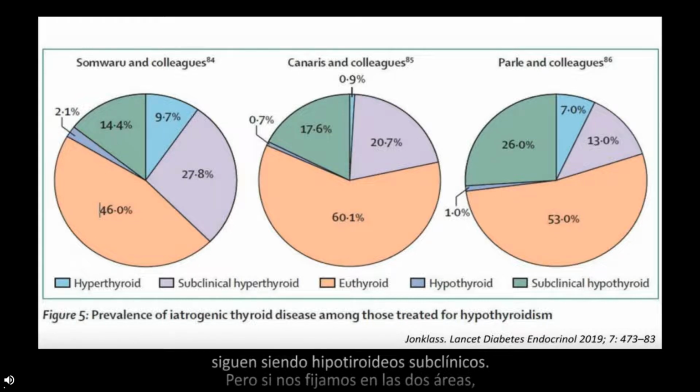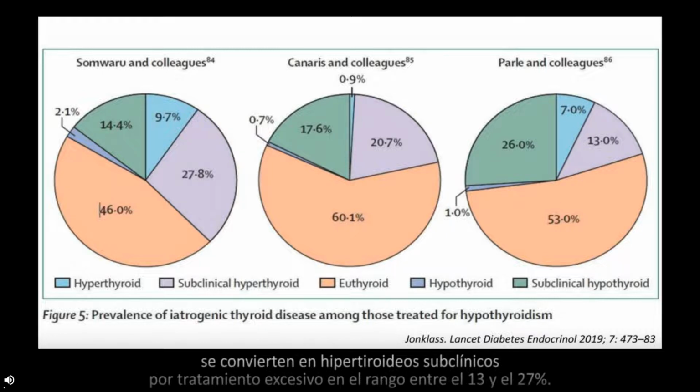But if you look at the purple bars, they become subclinically hyperthyroid from overtreatment ranging from 13 to 27%.